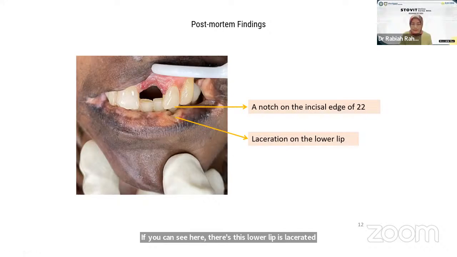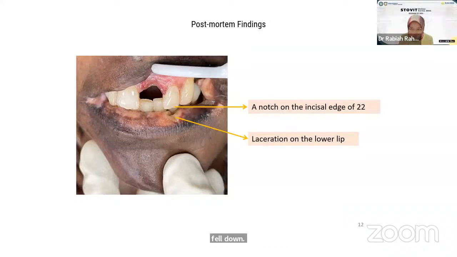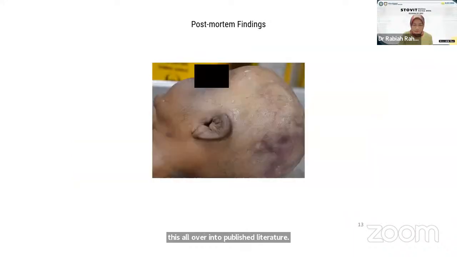Most probably, the deceased had previously fallen down with the face going downward. These are all in the published literature to support our findings.